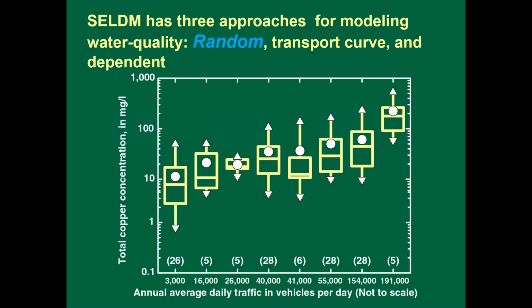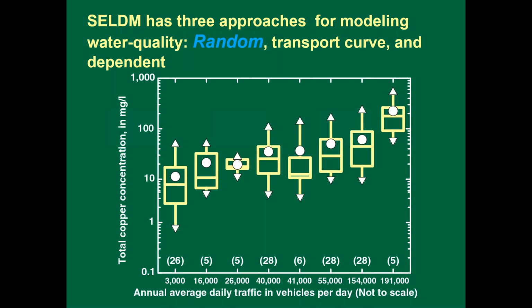As we mentioned, SELDM has three approaches for modeling water quality: random, transport curve, and dependent. It's kind of hard to represent a random runoff concentration, so what I tried to represent here is a box plot. You think of a box plot as showing a random population.